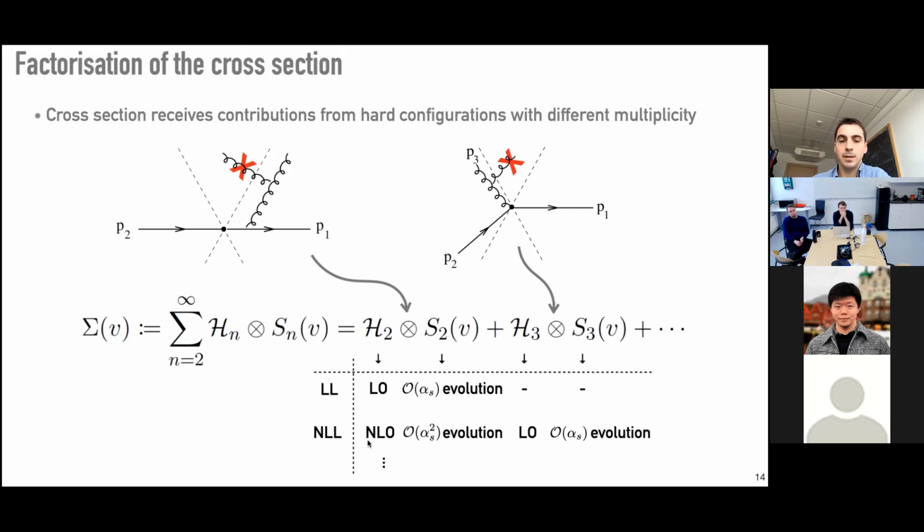And at next to leading log, which is what we aim for, we need to upgrade the perturbative order of the hard factor, which is now computed at next to leading order, and the soft factor evolves with the two-loop evolution kernel that I'll discuss later. In addition, we have the configuration with three hard legs in the jets that pops up, where the hard factor is calculated at leading order, and the soft factor once again evolves with a one-loop evolution, but starting from a configuration with three legs instead of two legs like in the first case.